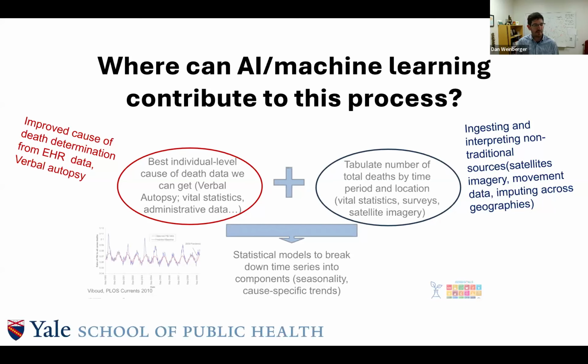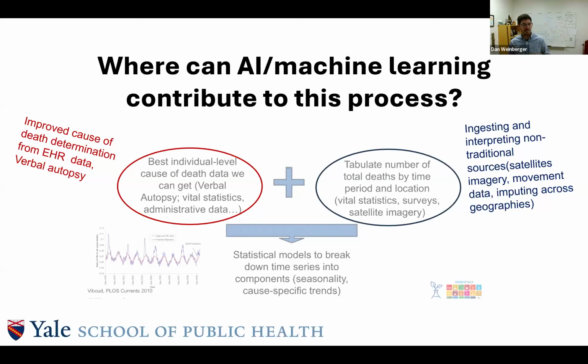There's been some promising results that suggest that you can get better cause of death statistics on the individual level. And then in terms of the all-cause death side of things, these models can really help us to better use things like satellite imagery, movement data, and really to fill in the gaps on those maps where we really don't have a lot of data by helping us to impute across different geographies.